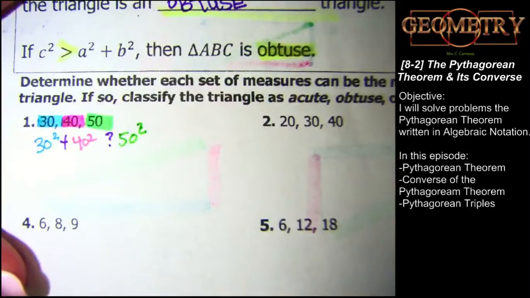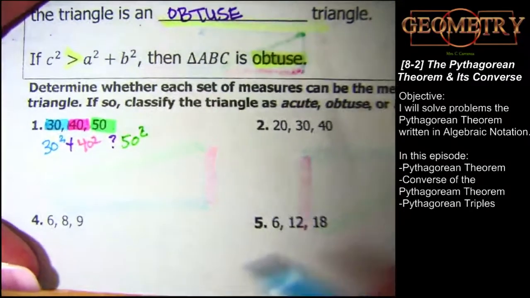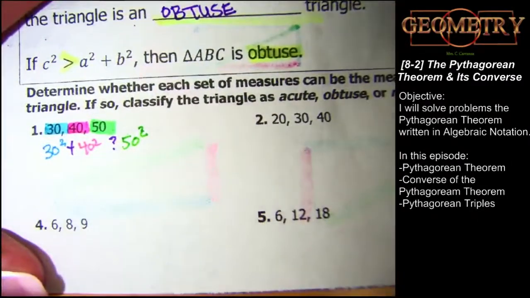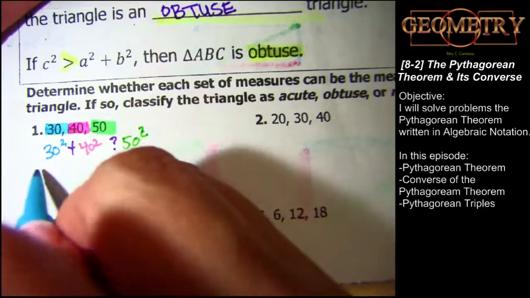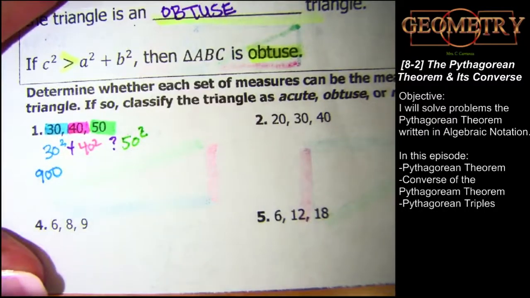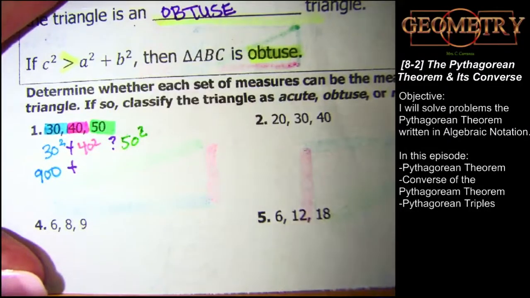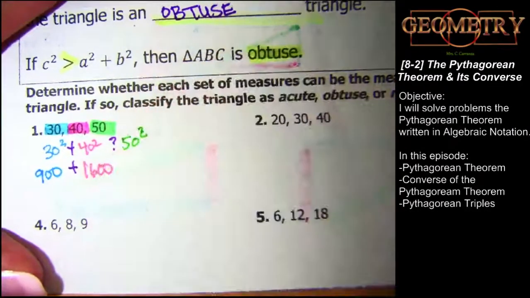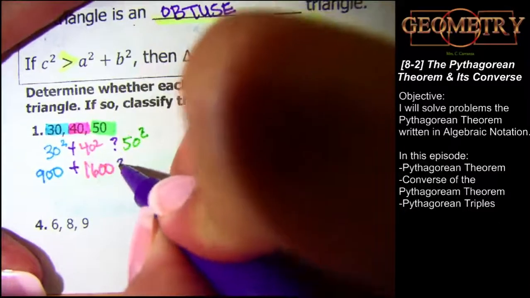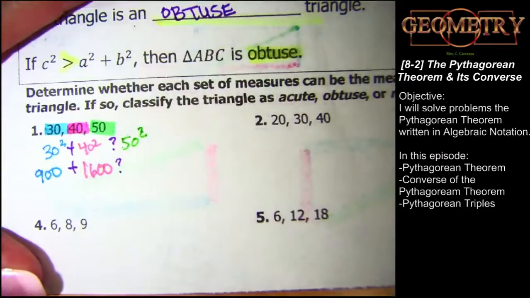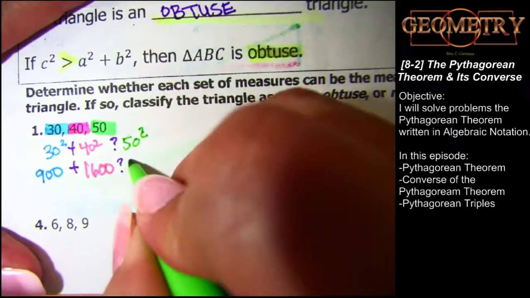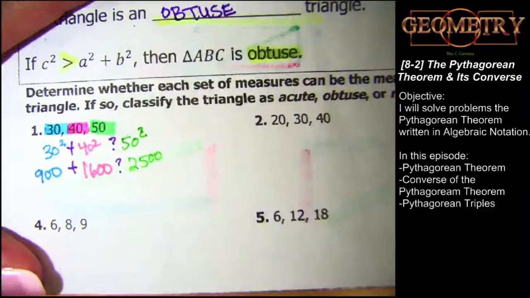All right, 30 squared is 900. 40 squared is 1600. That has some relationship to the number 50 squared, which is 2500. All right, 900 plus 1600.